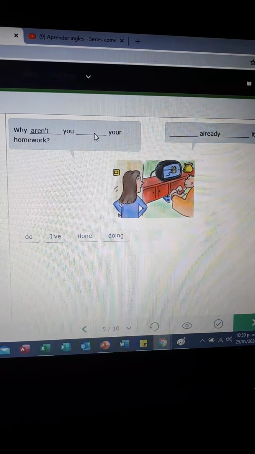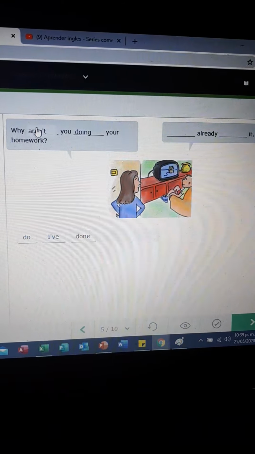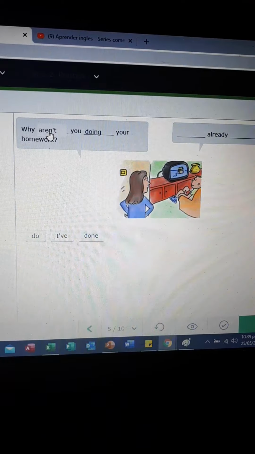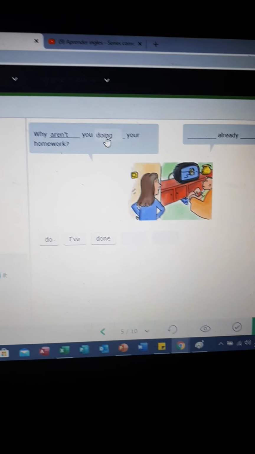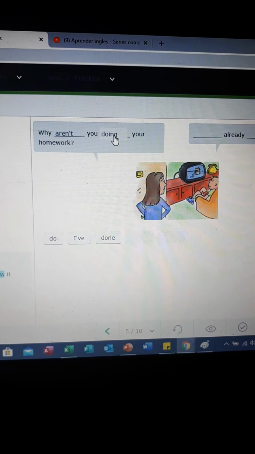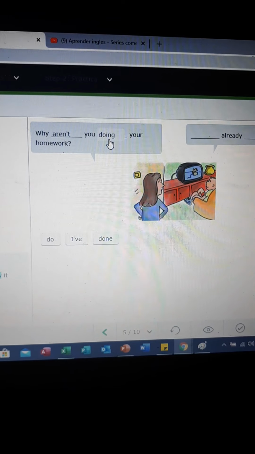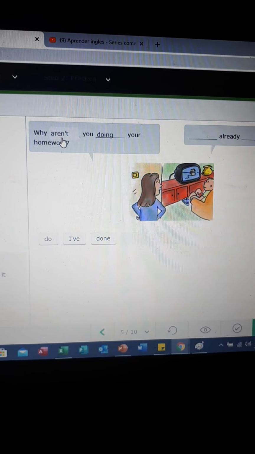Aren't you doing your homework? If you are working with the verb to be, isn't, aren't, is, are, etc., you need the action with ing. Or if you have an action with ing, you are going to work with the verb to be. Remember that ing goes always with the verb to be, present or past, okay?